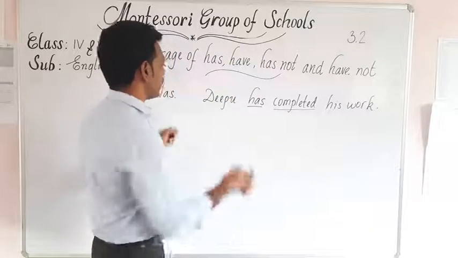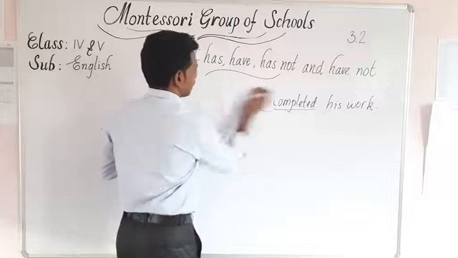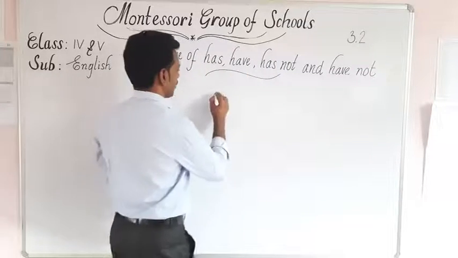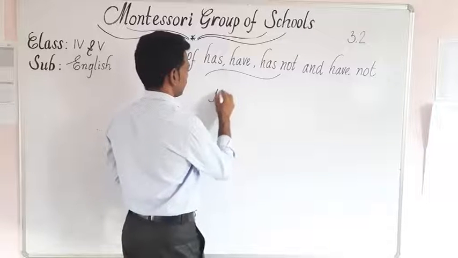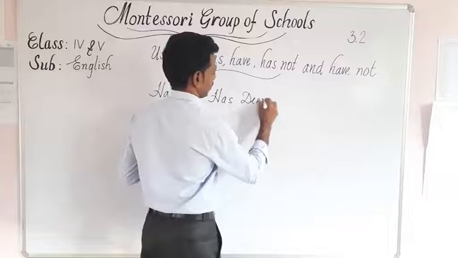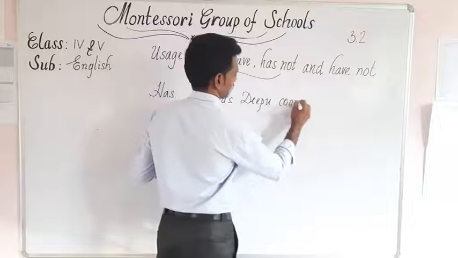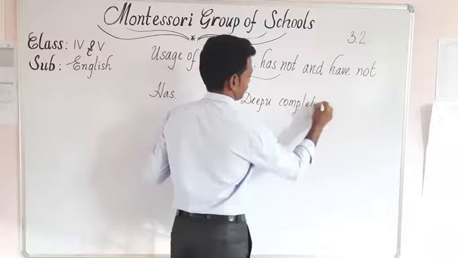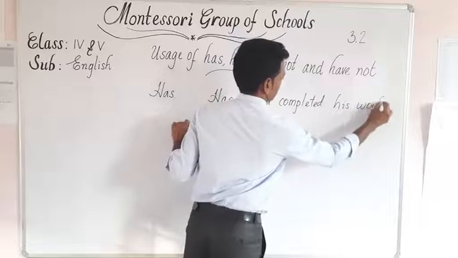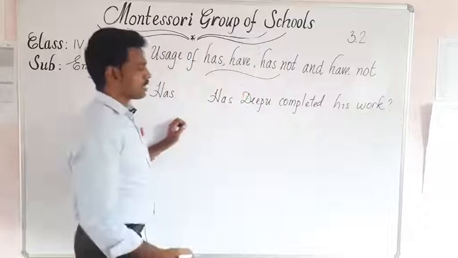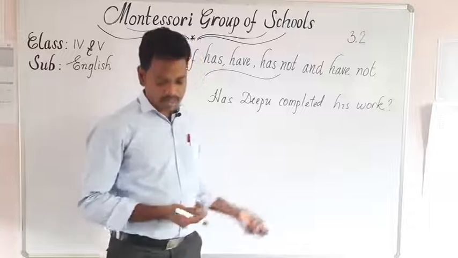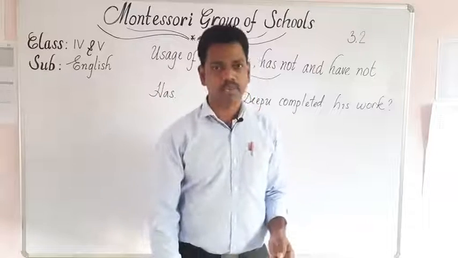Now, when we want to make an interrogative sentence with this, has Deepu completed his work? The answer is nothing but Deepu has completed his work.